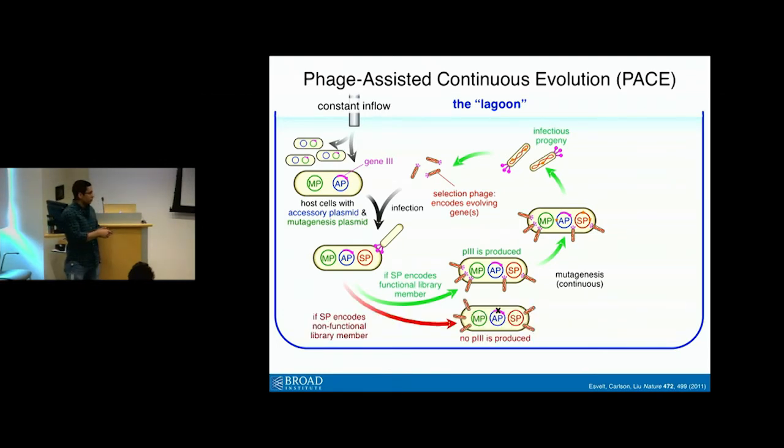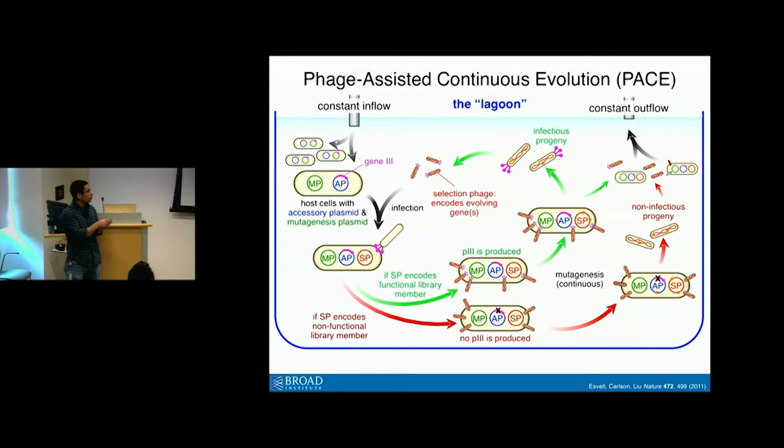But if they're non-functional, then P3 is not made, and while you will still get virus that is also mutated, these viruses actually don't go anywhere because they no longer encode for P3 and therefore can no longer infect any cells. And so to answer your question, if the receptor on the cell can actually mutate, what's happening, the most important aspect of the system is we can also control the outflow of material from this lagoon.